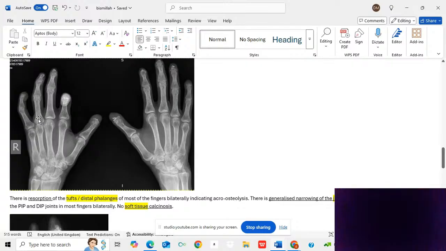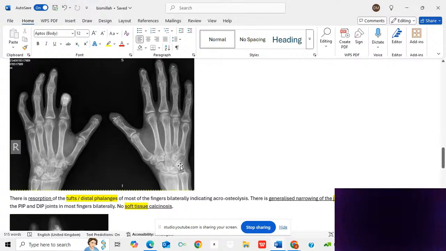It spares the metacarpophalangeal joint and takes the periphery. Leave here and take here.